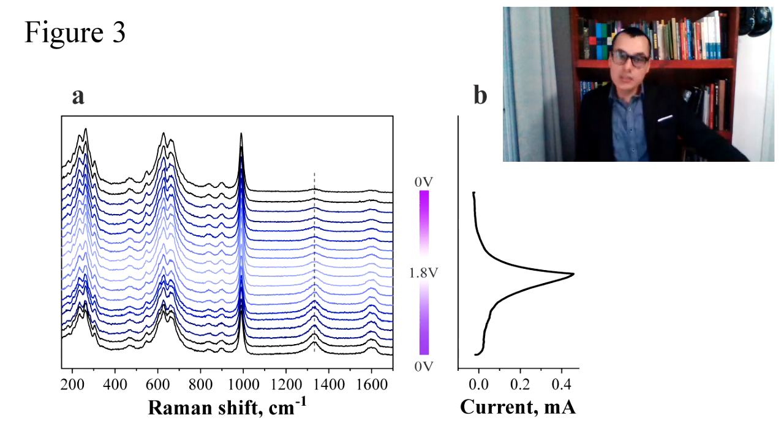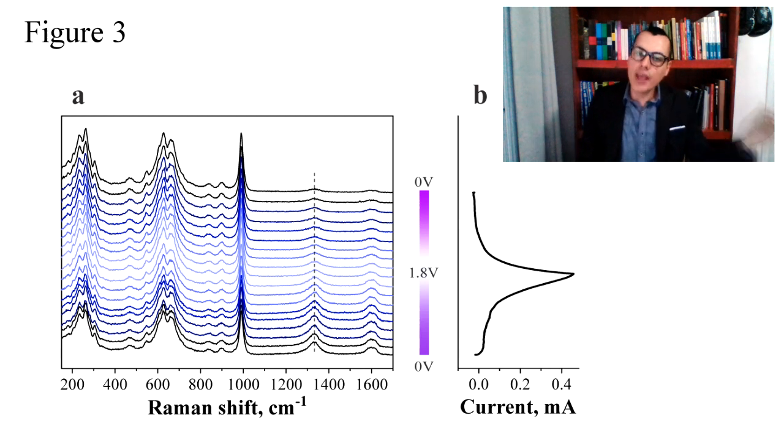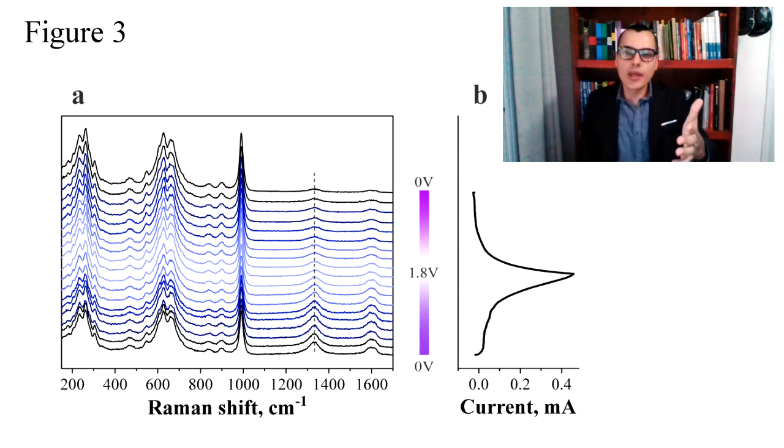Okay, second, in the potential range between 0 and 1.8 volts in the anodic process, the so-called D band suffered a shift in all cases. In a similar way, in the cathodic process, as you can see, the D band shifts in the opposite direction, returning to its initial position.